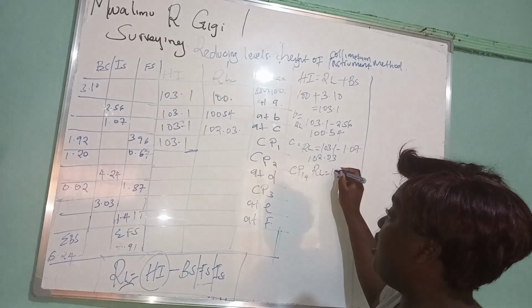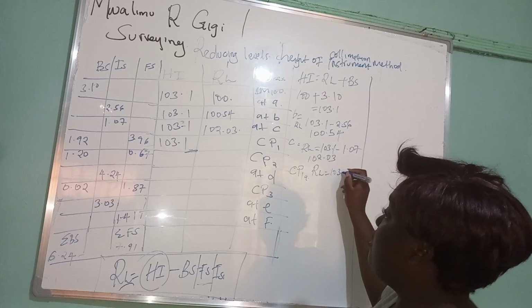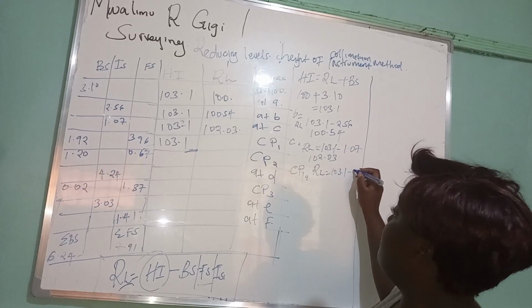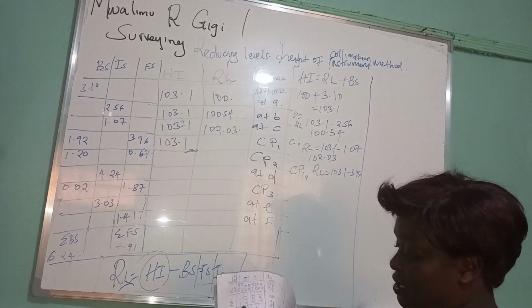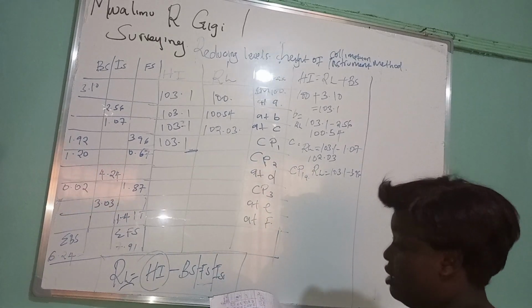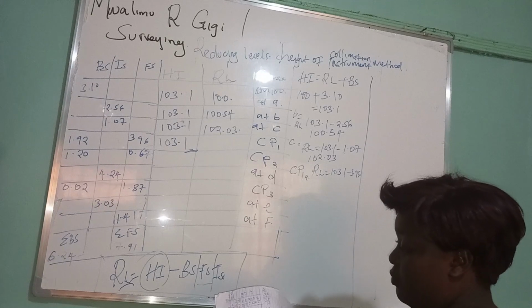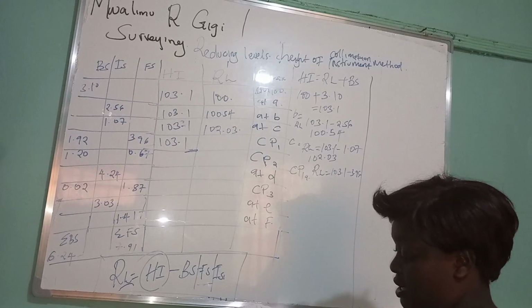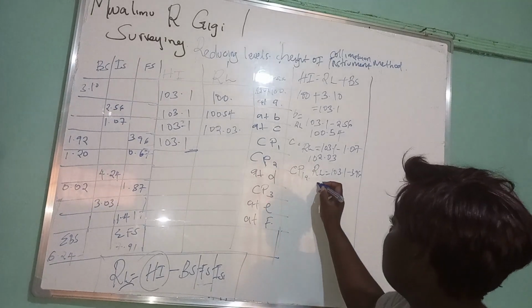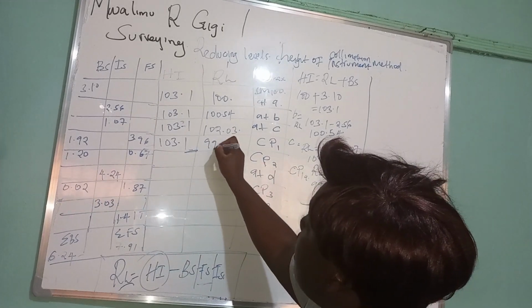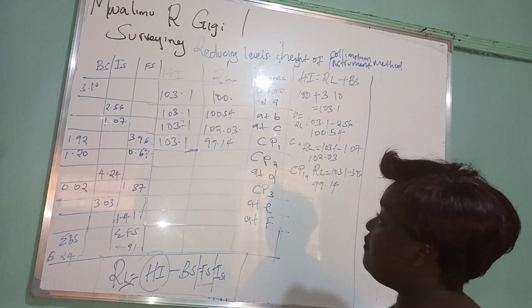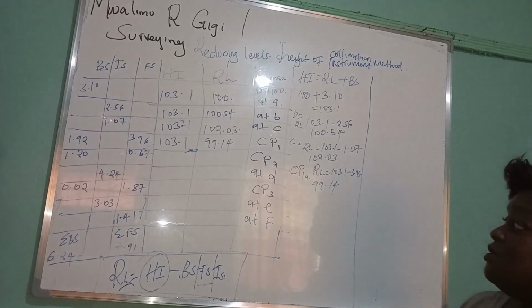So it is 103.1 minus 3.96, which is 99.14. So that is the reduced level.